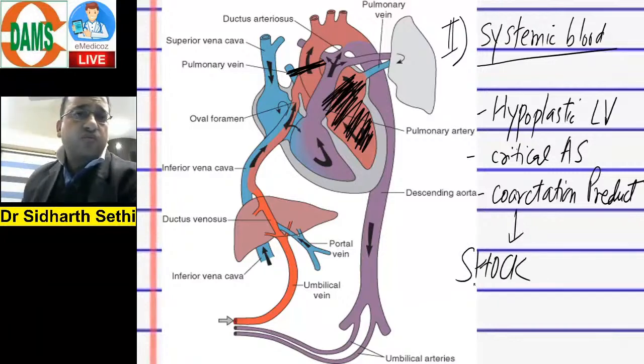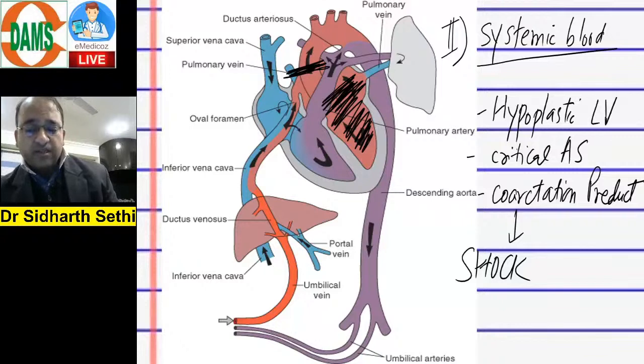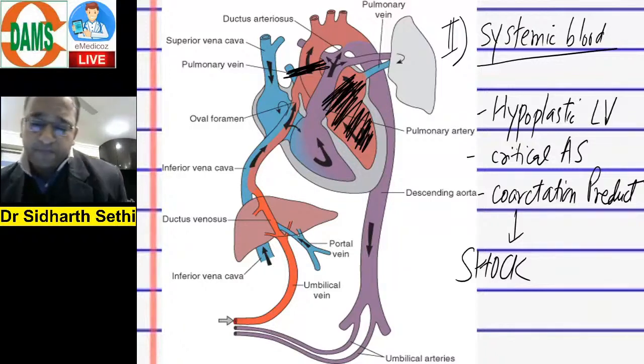Within the first week of life, they will come with shock. Look, the left ventricle is very small. There is a severe coarctation before the ductus. So as soon as the ductus closes, they go into shock. So you need to put them on prostaglandin. So you need to diagnose it early.